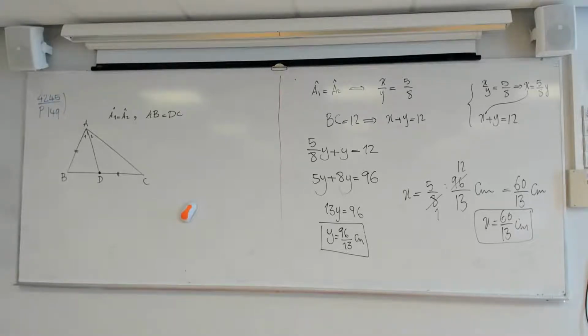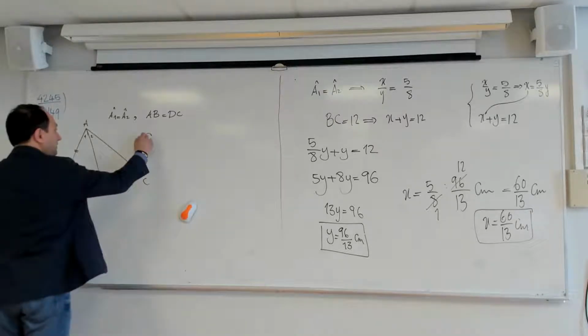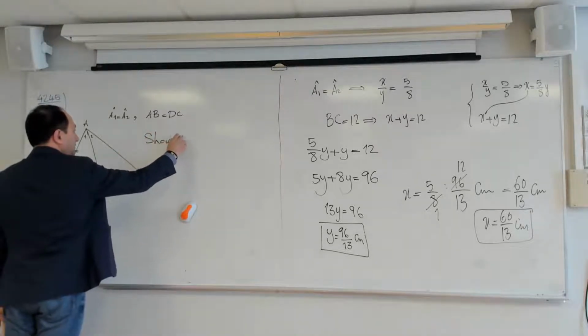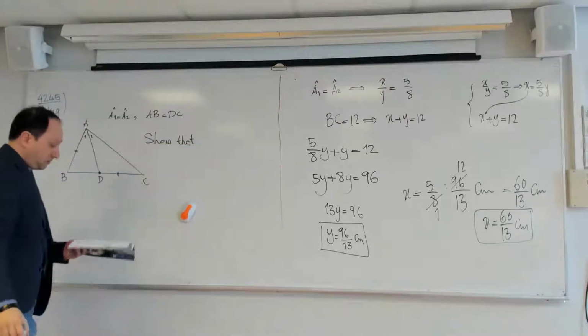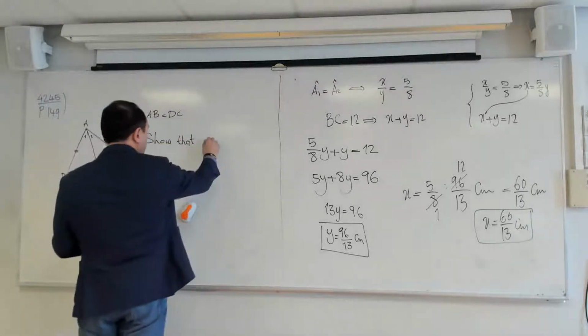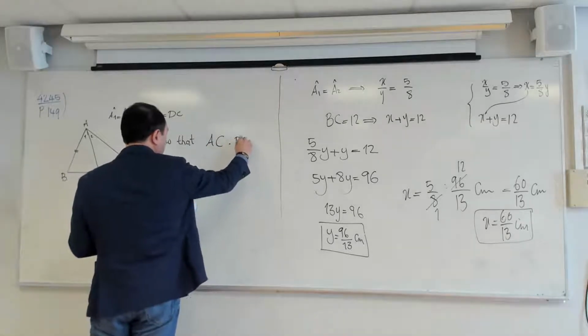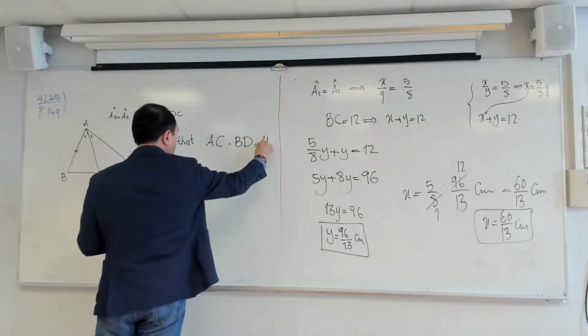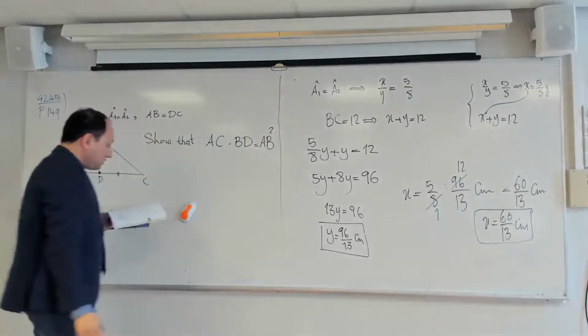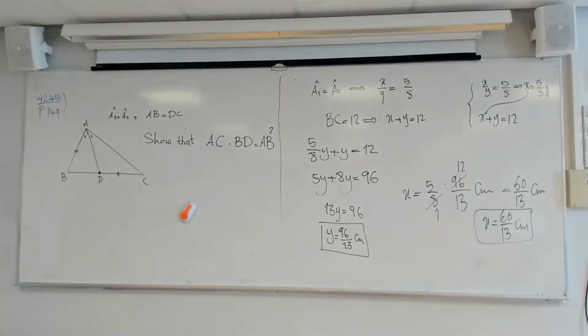And then we are supposed to show that, it is mentioned here, AC times BD is equal to AB squared. Actually it's very, very simple.